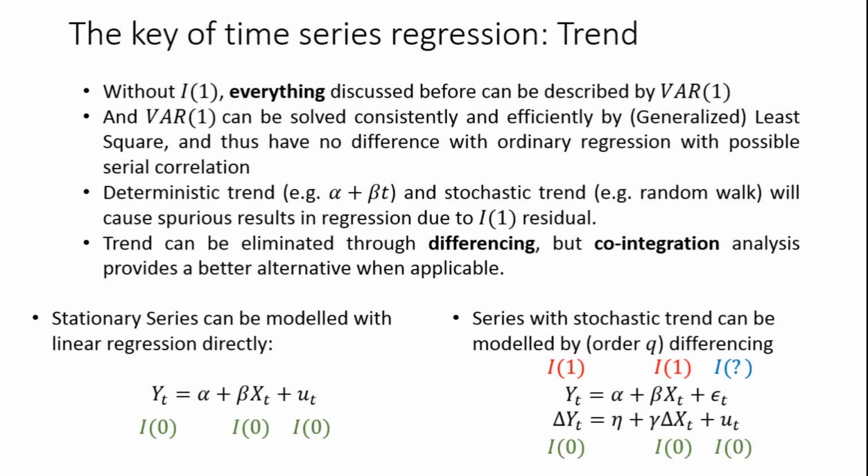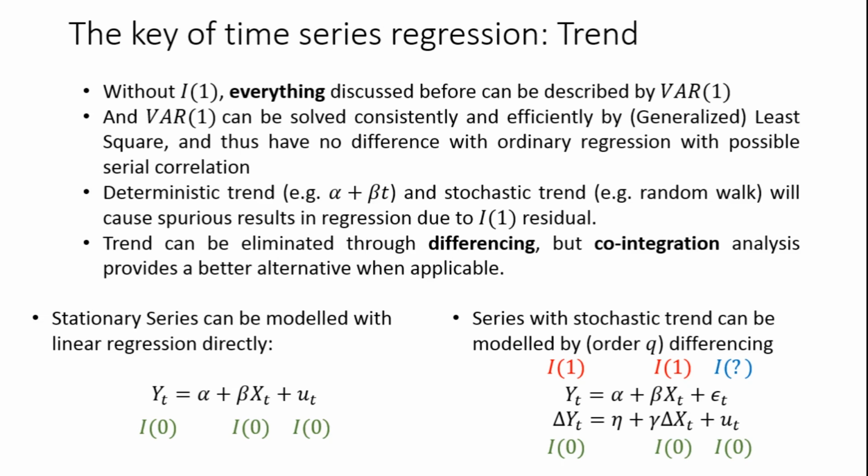So, key time series regression trends: we have variables integrated of order one. Everything discussed before can be described by VAR(1). And VAR(1) can be estimated consistently and efficiently by least squares, and thus has no difference from ordinary regression with possible serial correlation. Deterministic trend and stochastic trend will cause spurious results in regression due to an integrated-of-order-one residual.